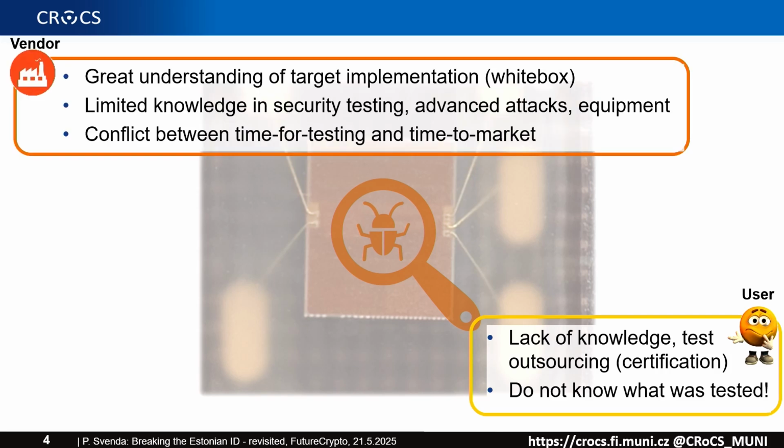Vendors have a great understanding of the implementation. They did it, right? They also frequently have advanced methods and hardware. They might have some limited knowledge in security testing, but still they have great knowledge. But they have a conflict: time to market versus analyzing it a bit more to be a bit more secure.